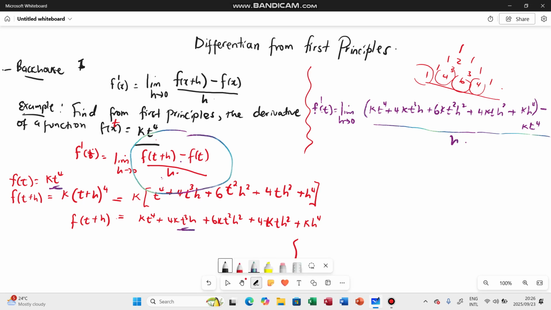Now you see this kt to the power 4 is the same as this, so they cancel out.